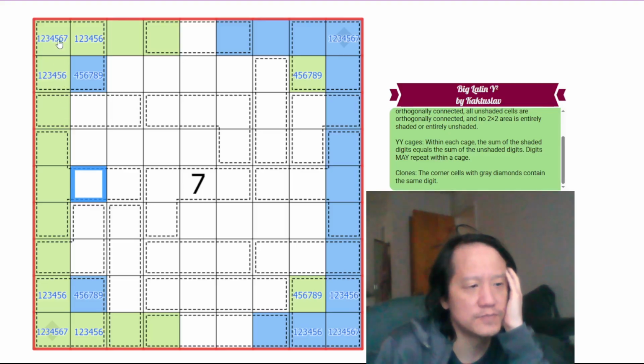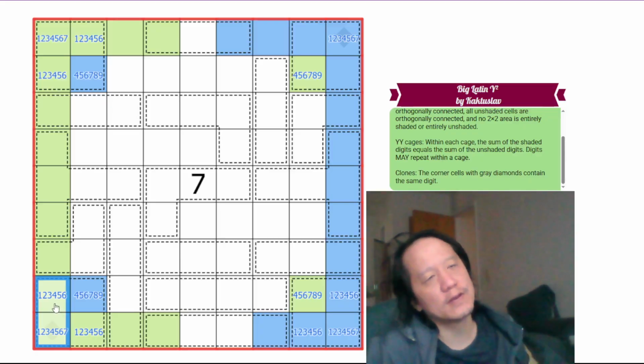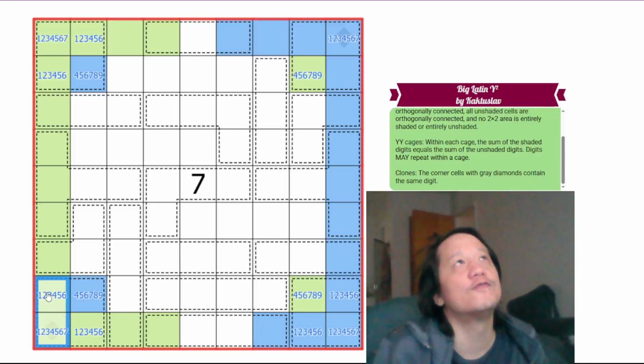That means this is at minimum 4 and 5, right? This would have to be minimum 4, 5, 6, 7. And there's no combination.